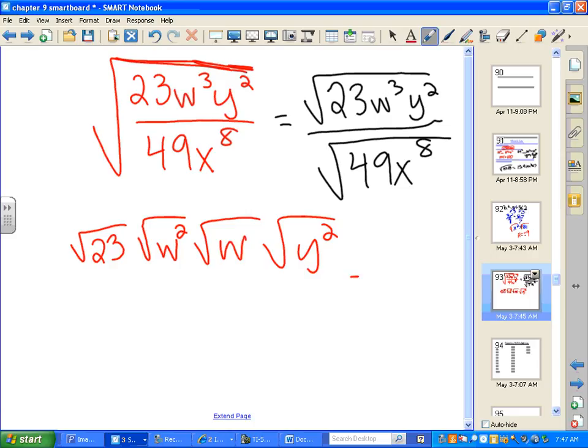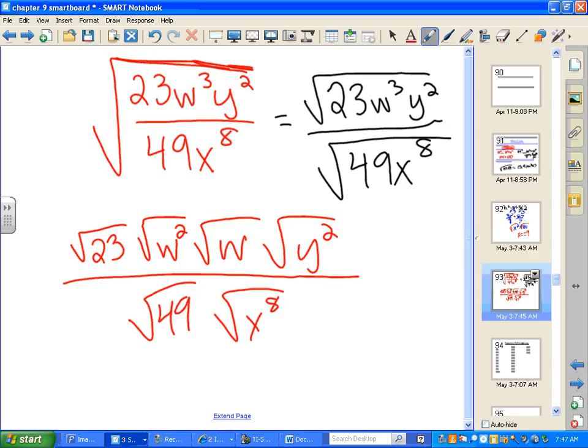Good, and W. Good. Okay, how about the bottom? Ray, how can we separate the bottom? Separate it first. Just one step at a time. Oh, you could leave it as x to the 8th. Separate them. All I'm asking you is what goes in this radical and what goes in this radical.